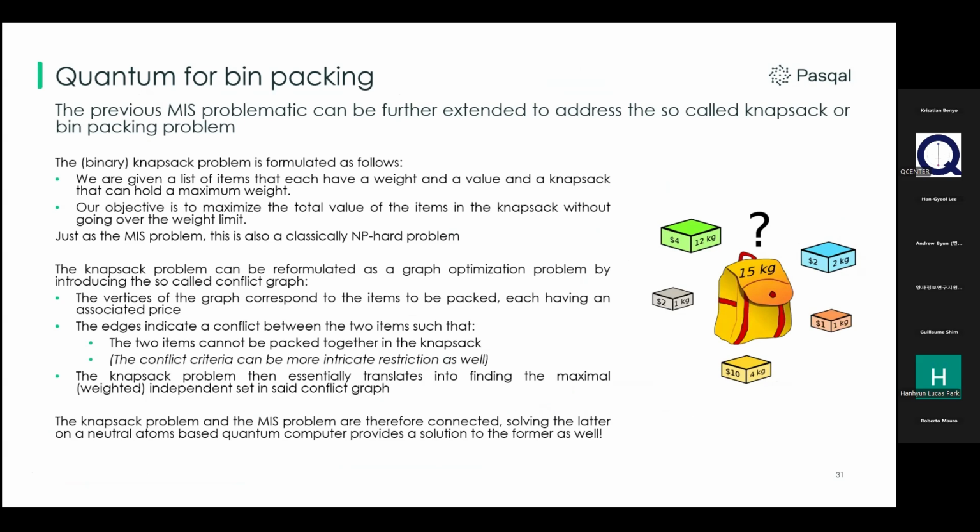And even more interestingly, one of my preferred examples from optimization problems is bin packing or the knapsack problem. The bin packing or knapsack problem relies on the fact that you are tasked with filling up a container, your knapsack, your bin, with specific objects.